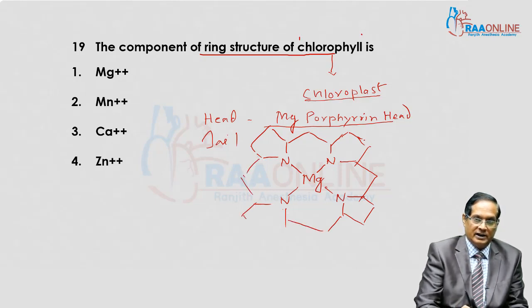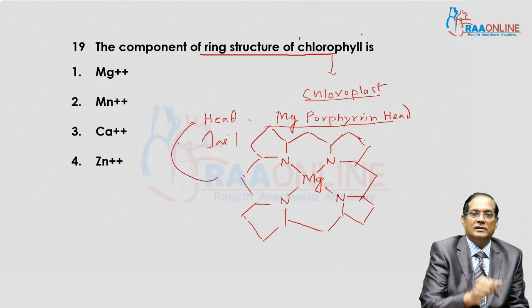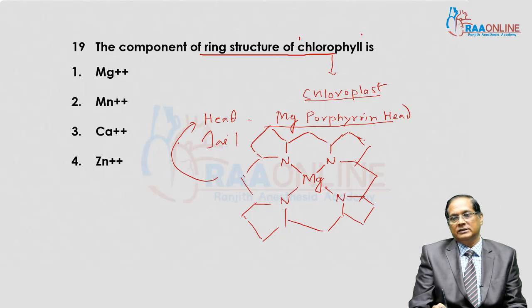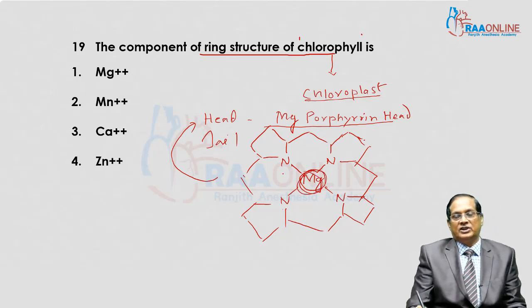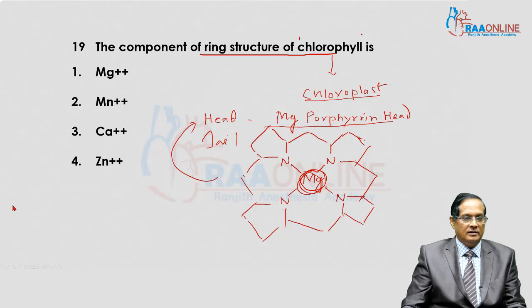This is the magnesium porphyrin ring and it is found in the head. You will see the center is occupied by the magnesium. So magnesium is a structural component of chlorophyll.